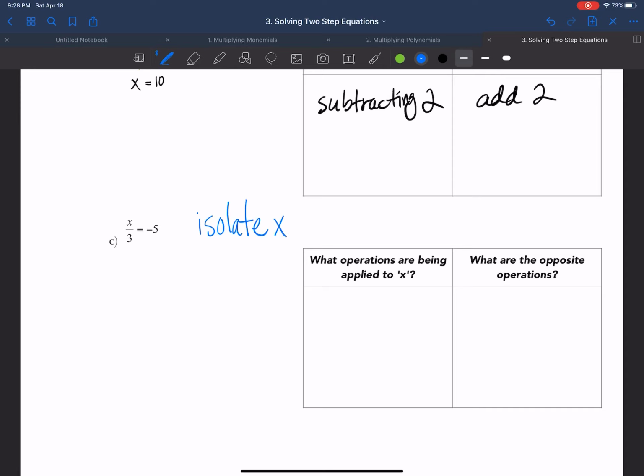Isolate x, get x by itself. So we think BEDMAS in reverse. What operations are being applied to x? Well, I'm dividing by 3. And what's the opposite of dividing by 3? Multiplying by 3.